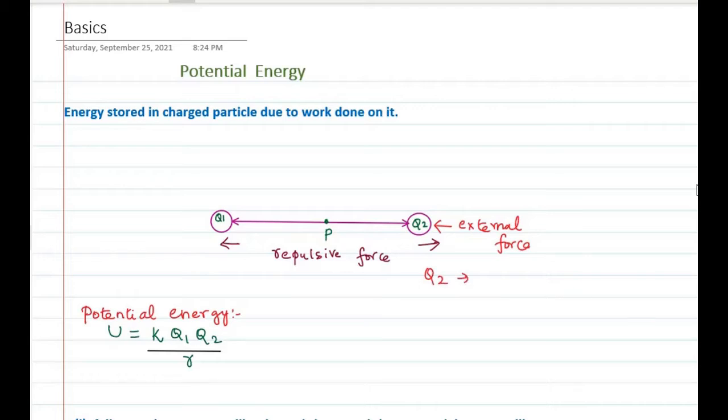So Q2 gains high potential energy, because we are doing it against the nature.